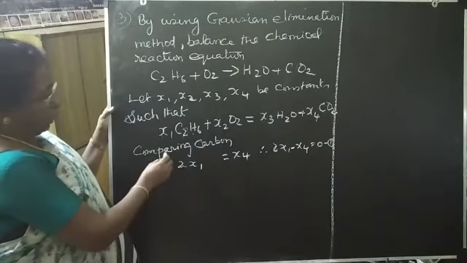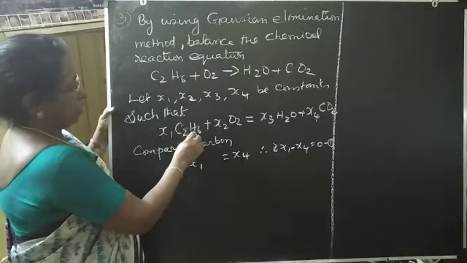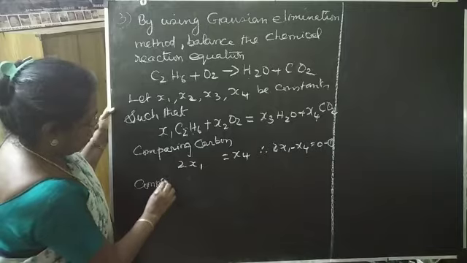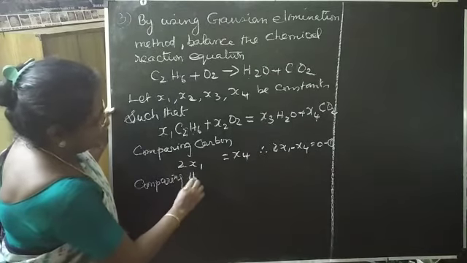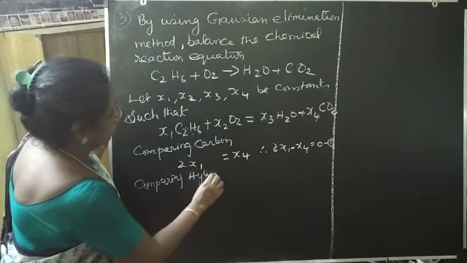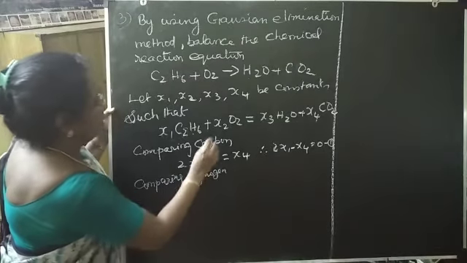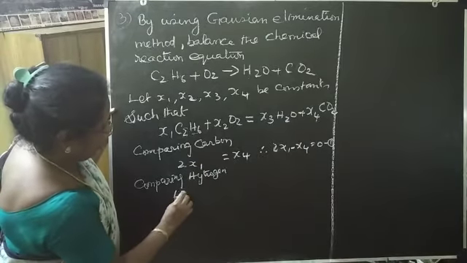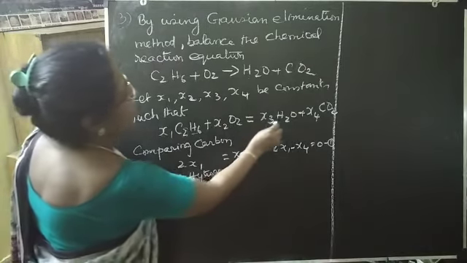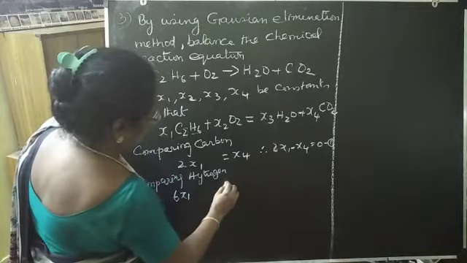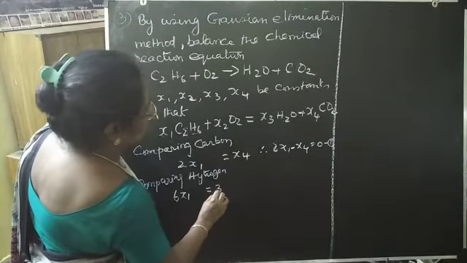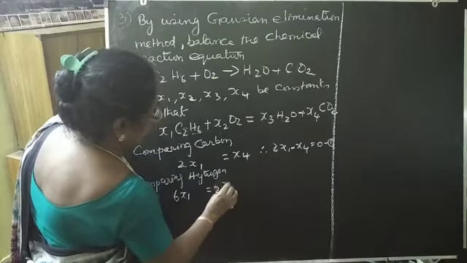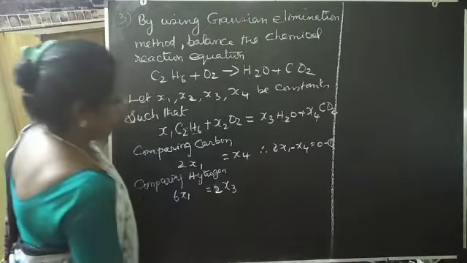Next, comparing hydrogen. How many hydrogens are there here? 6 hydrogen, so 6x1, and this side 2 hydrogen, so this is equal to 2x3.